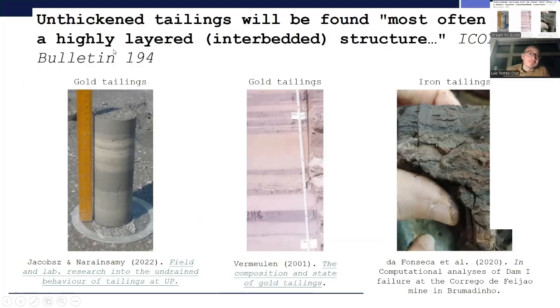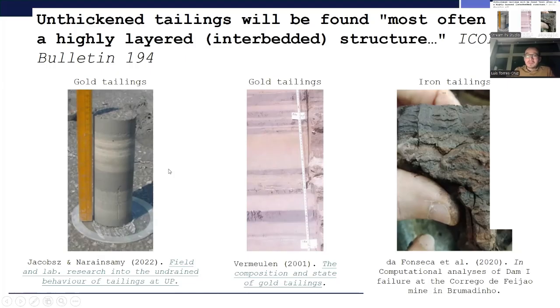In the previous figures, I was showing differences in particle size distribution that might occur when you go from one point to another, say, a few meters away. But also that fluctuation in particle size distribution can occur in the scale of centimeters, right? So if one extracts a sample of tailings, you will observe that intense layering.